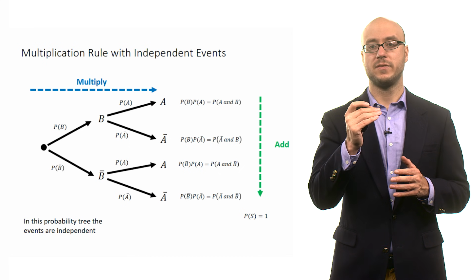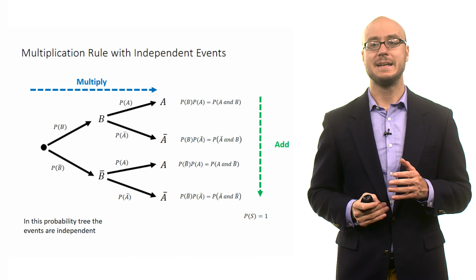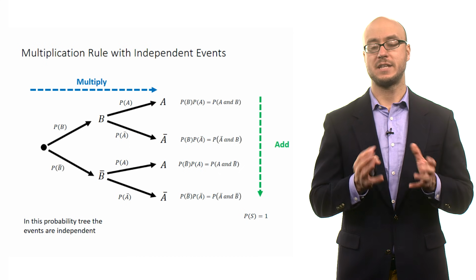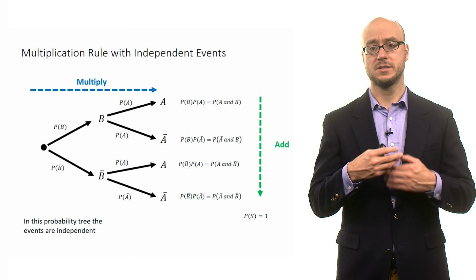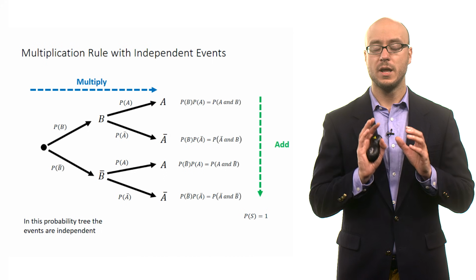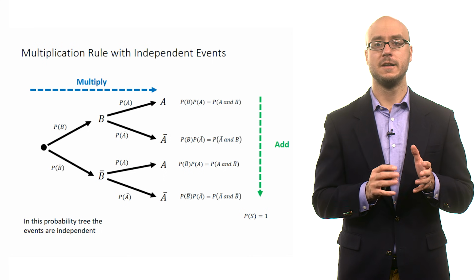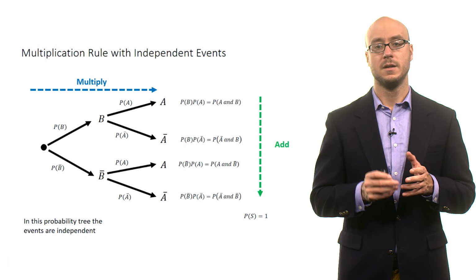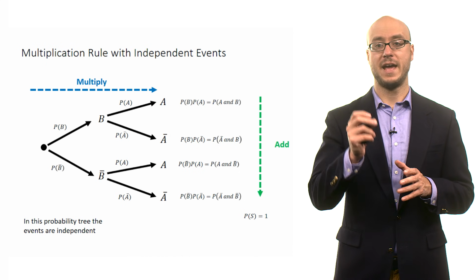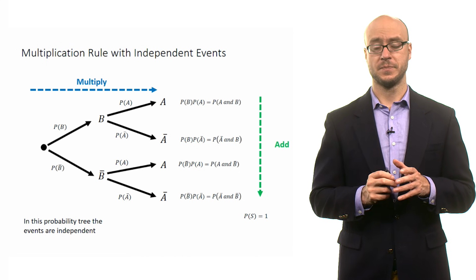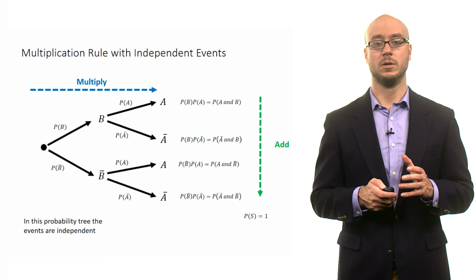And just to be perfectly clear, these probabilities add down so that the sample space equals 1, because these 4 joint probabilities are going to equal 1. Also recall that the probability of B and not B, that sample space, is going to equal 1 as well. The probability of A and not A, each of those branches, are also going to equal 1.